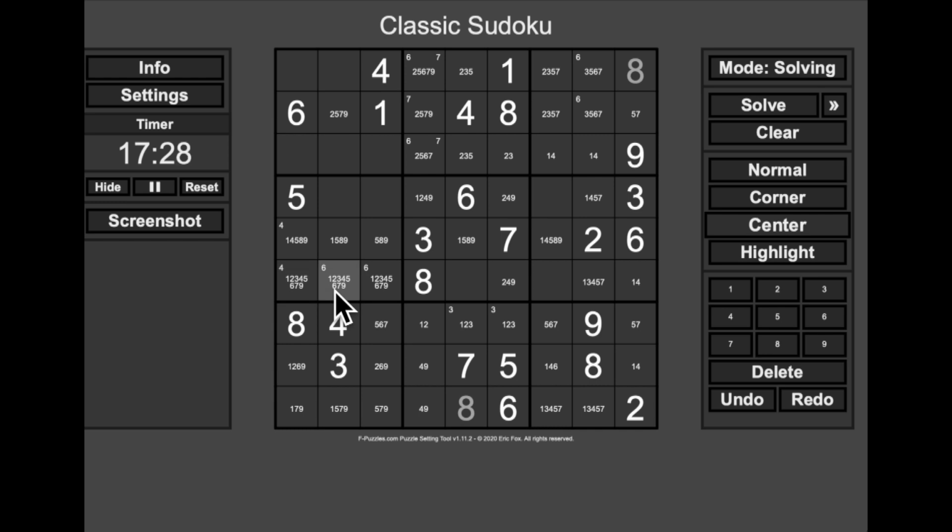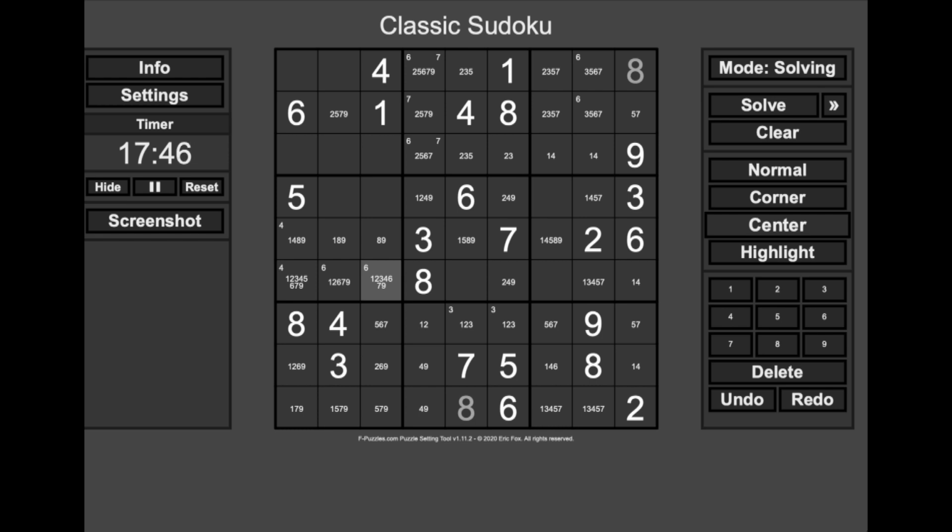No, that's not 3 or 4 or 5. That's not 5. That's not 5. That's not 5. And that's not 5.